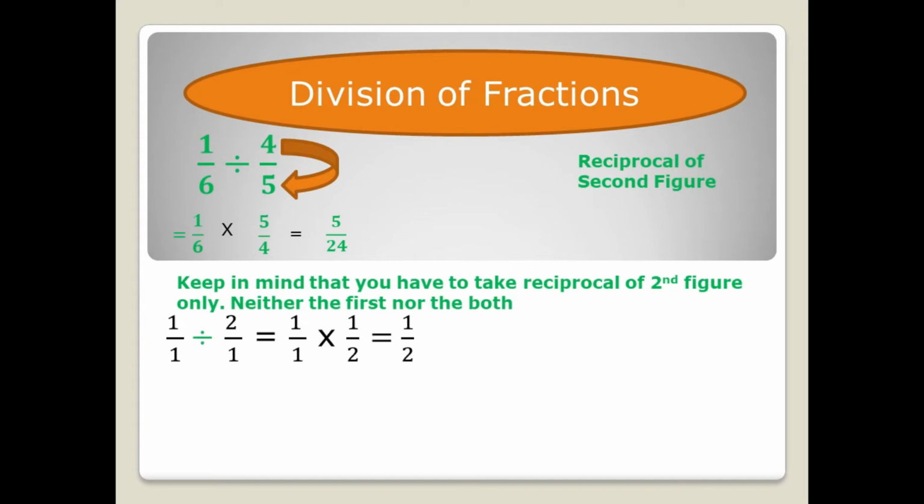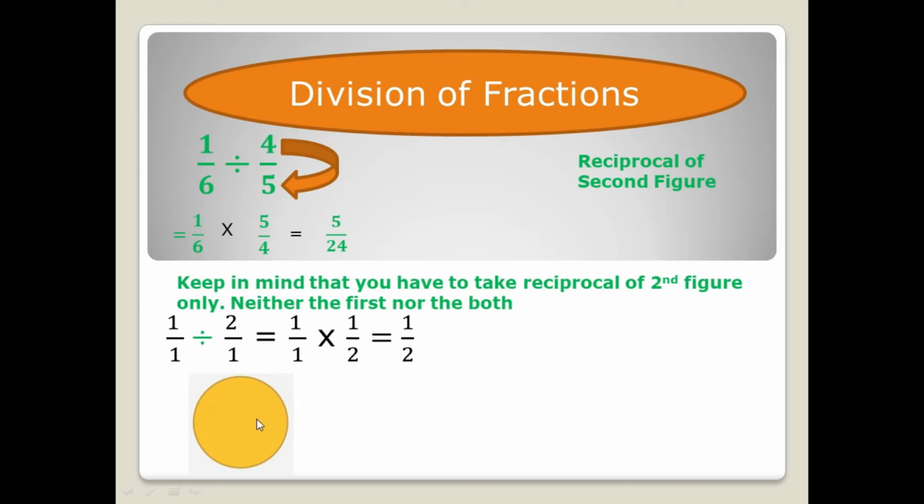Consider another example, 1 over 1 divided by 2 over 1. Its answer is 1 over 1, and we reciprocate the second figure, 2 over 1, and change it into 1 over 2, and the answer will be 1 by 2. 1 over 1 is the same as 1.